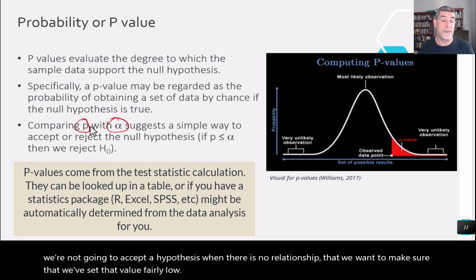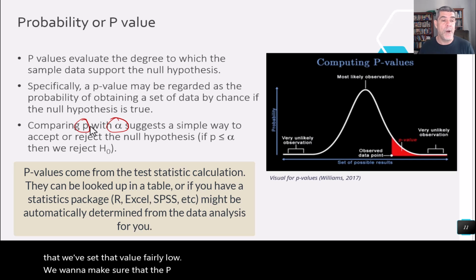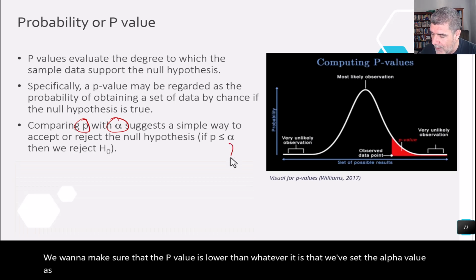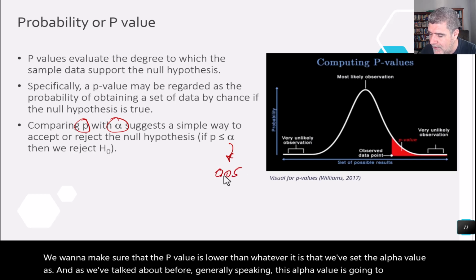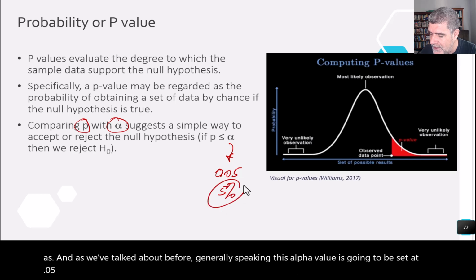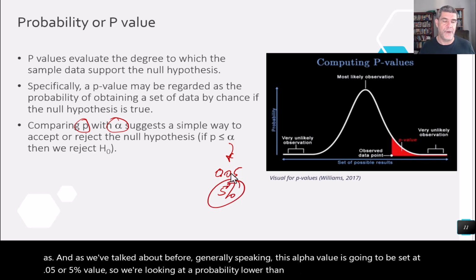We want the p-value to be lower than whatever we've set the alpha value as. And as we've talked about before, generally speaking, this alpha value is going to be set at 0.05, or 5%. So we're looking at a probability lower than that in order for us to reject our null hypothesis.